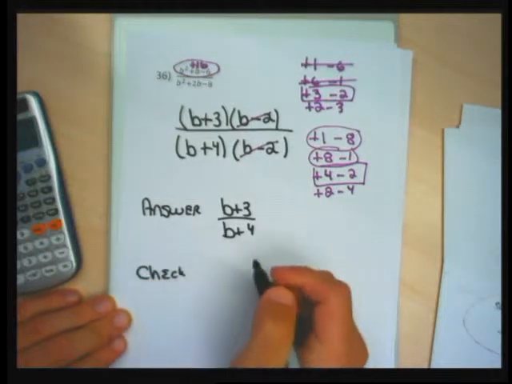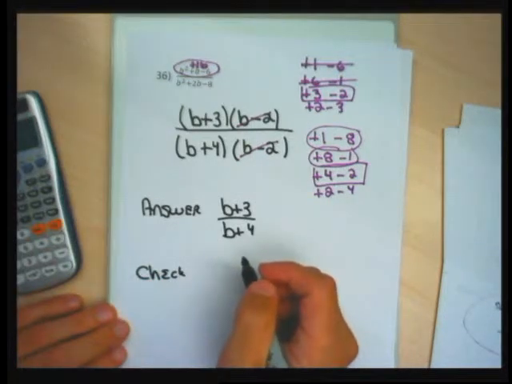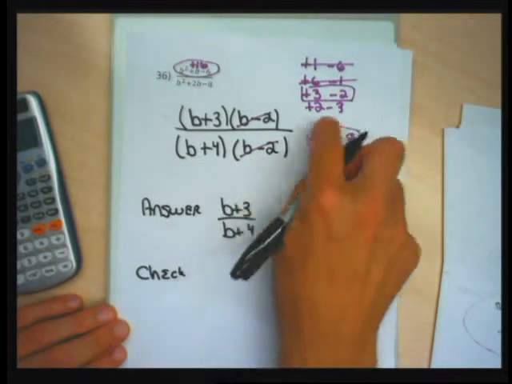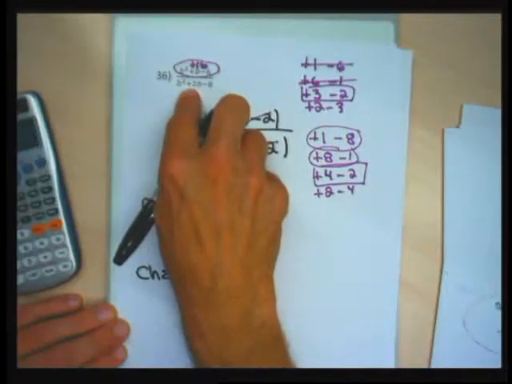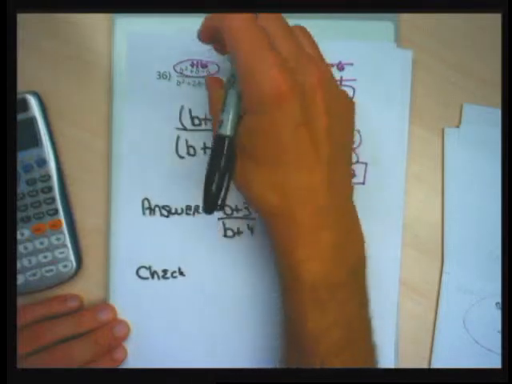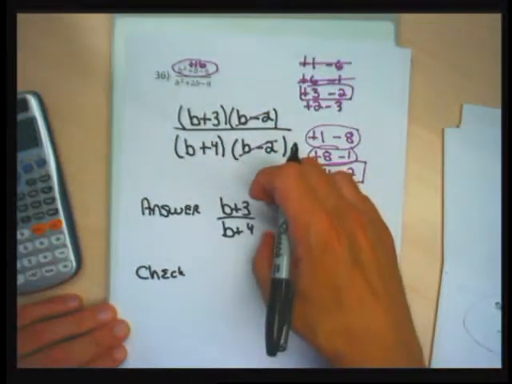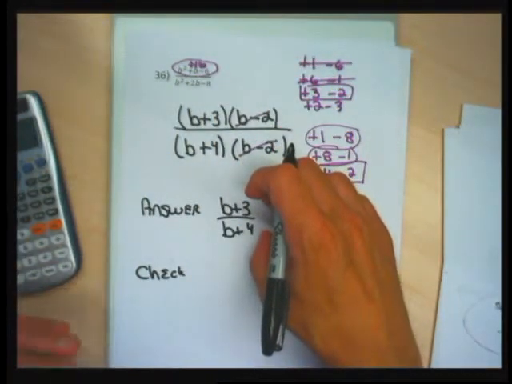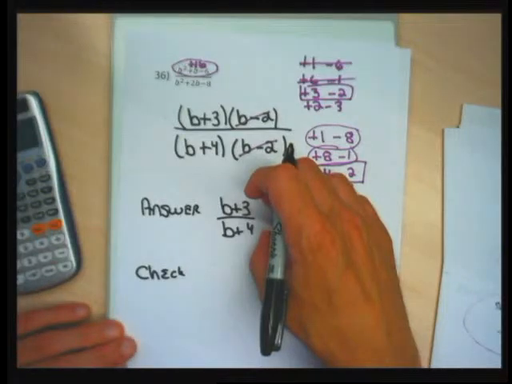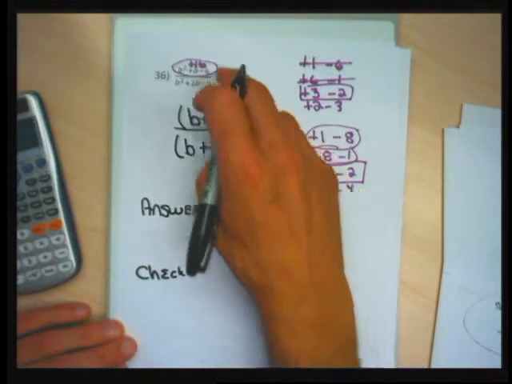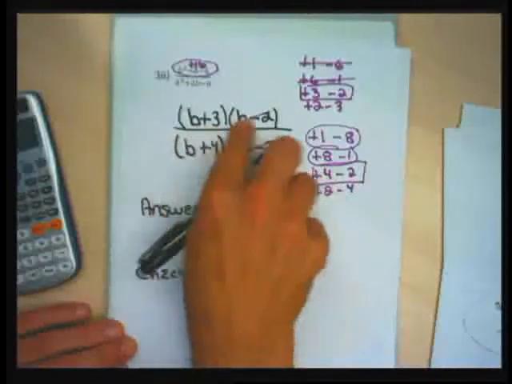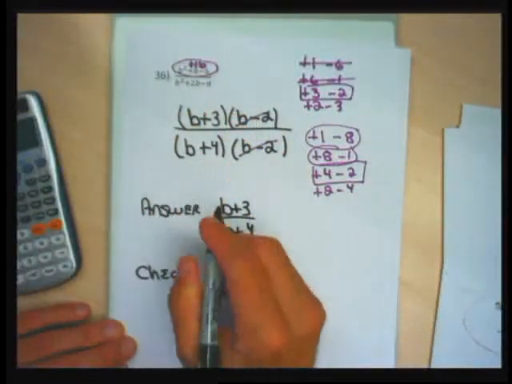I'm going to check. I can't put b equal to 2 in. If I plug b equal to 2 into the original problem, I'm going to get undefined. The original problem and my answer are equal for every number except numbers that aren't in the domain of the original problem. So let me pick 3, because with 3, I'm not going to get a 0 in the denominator.